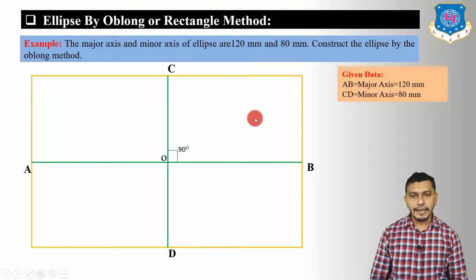Now after drawing the rectangle, we have to divide the vertical length from A to this corner point into an equal number of divisions. Let us divide this line into 4 equal divisions. For dividing this line you can use the inclined line method, or if it is possible by the scale then you can use the scale also.